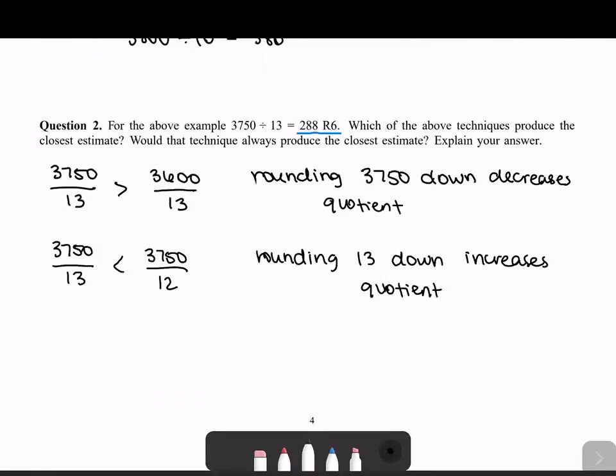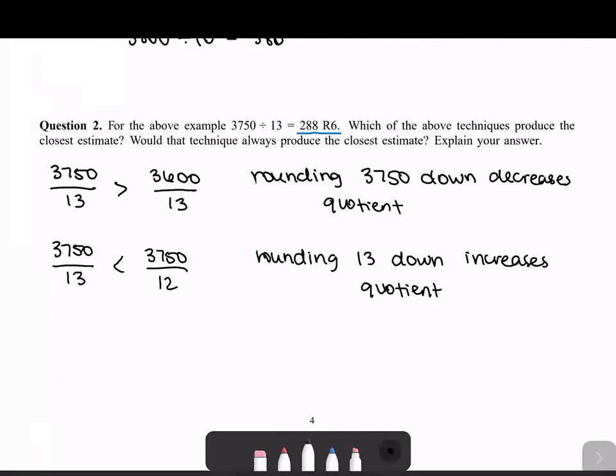So you can see that rounding both of them down will decrease and increase the quotient. Doing both of these in the same direction, either rounding both down or both up, will increase and decrease the quotient by a little bit. So doing them in this way shouldn't change it all that much. It should turn out to be a value that's close to what we want it to be.